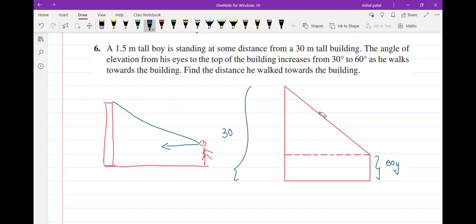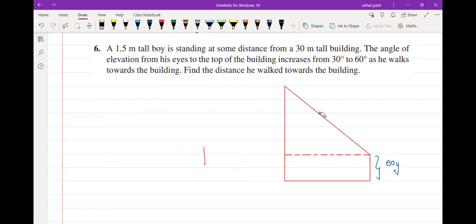Okay. Fine. So let me write first: A, B, P, Q. This is 1.5 meter.